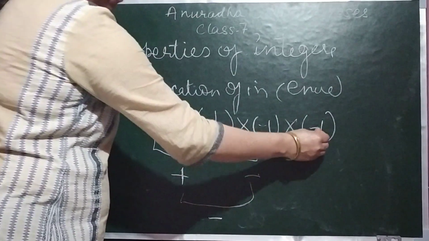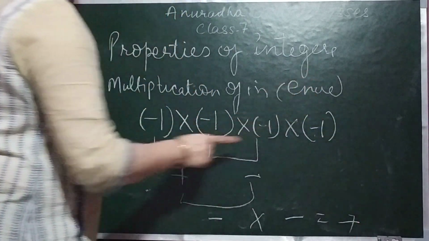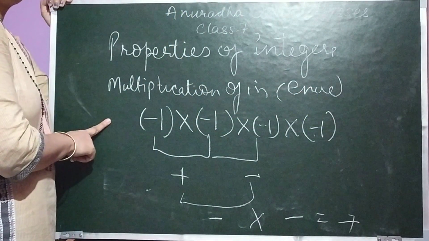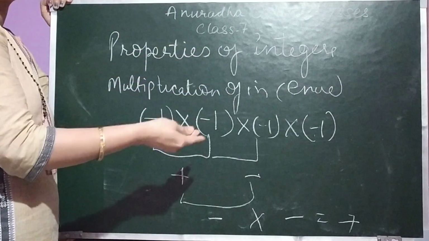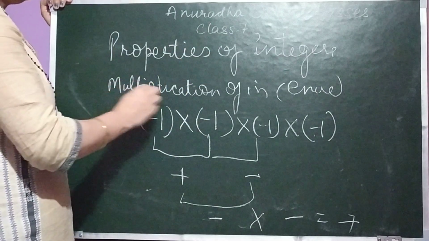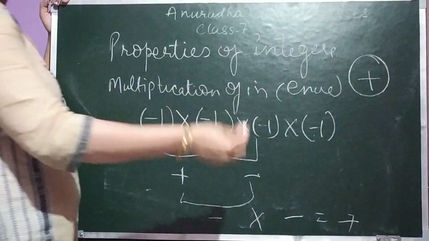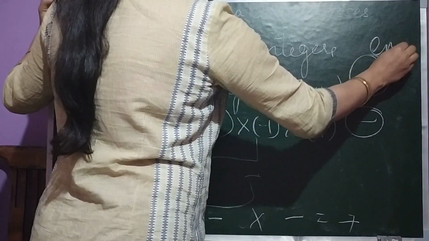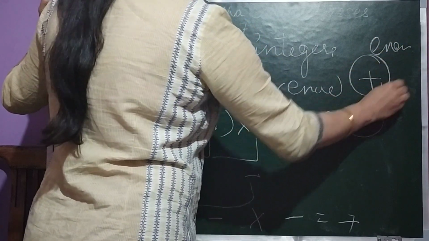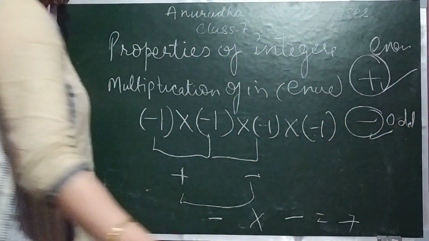Minus. Now, minus into minus is what? Plus. So, if we multiply the integers an even number of times, we'll always get the answer in positive. Even number of times, then positive, and odd number of times, then negative.